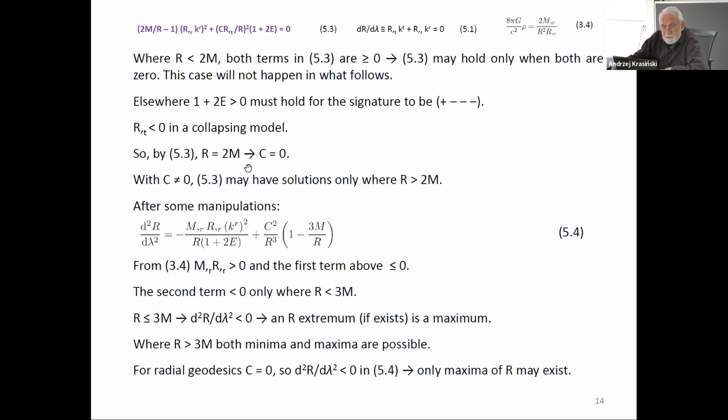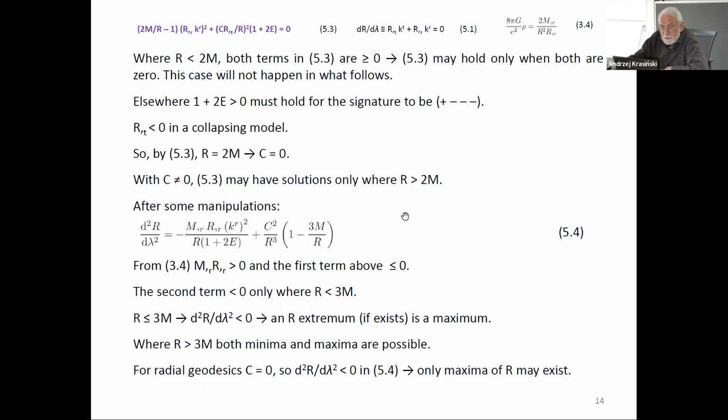So from this equation, we can see that the solution of this equation can be r equal to 2m only on radial geodesics, with c equal to 0. Now, when c is different from 0, this equation has solutions only where r is greater than 2m.